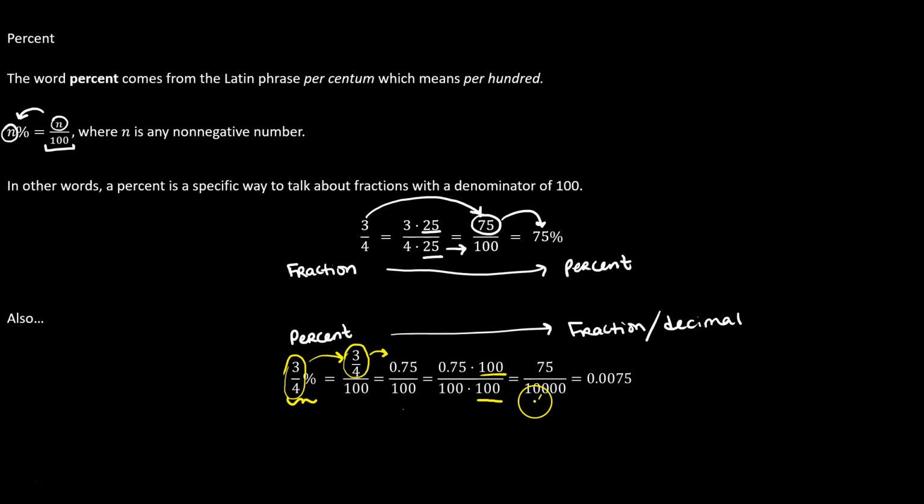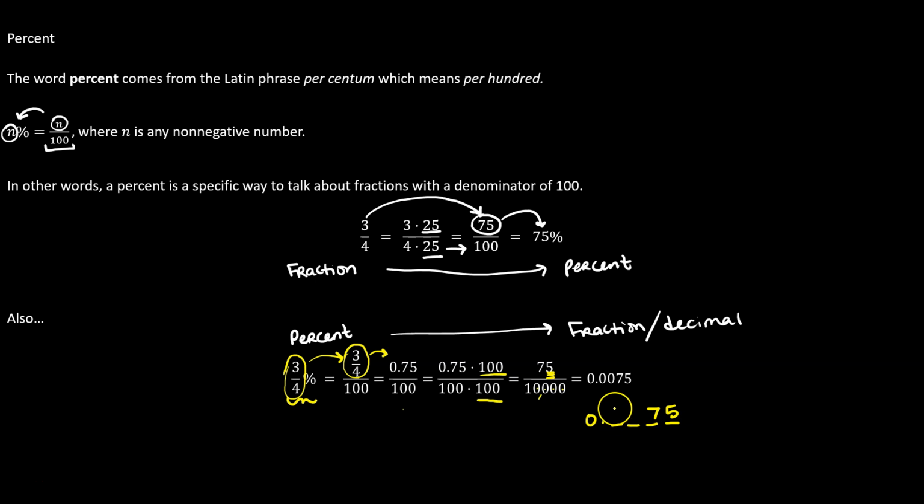We could leave that as a fraction, 75 over 10,000. We could even simplify that. Both of those numbers are divisible by 5. Or we could write it as a decimal. We know that 75 over 10,000 means that we need to have 4 digits after the decimal, 1 digit for every 0. And the last digit in the decimal needs to be this 5, and then we work backwards. We have 7.